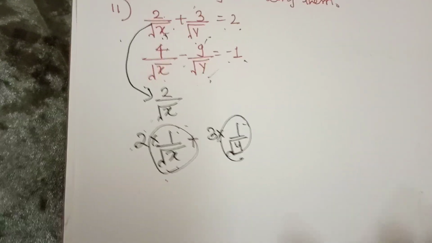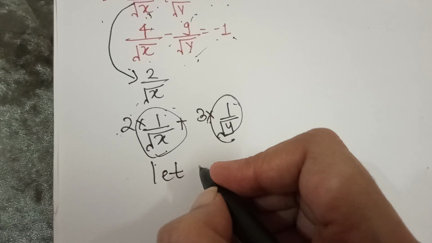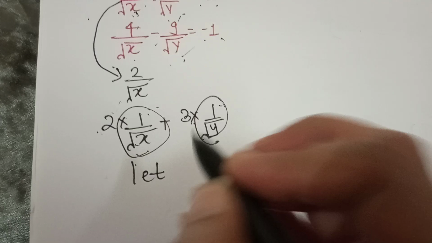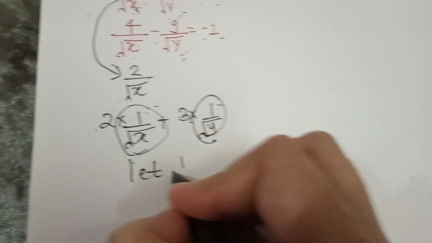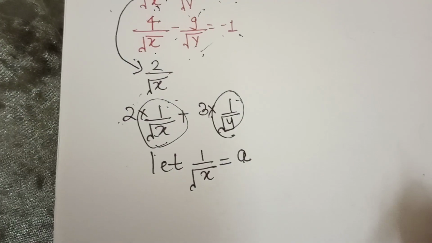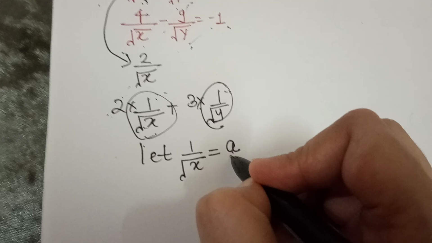So how to change? First of all, let us take another variable in place of these complicated variables. Let 1 upon root x be equal to a. In place of a you can keep any variable. I am taking a.